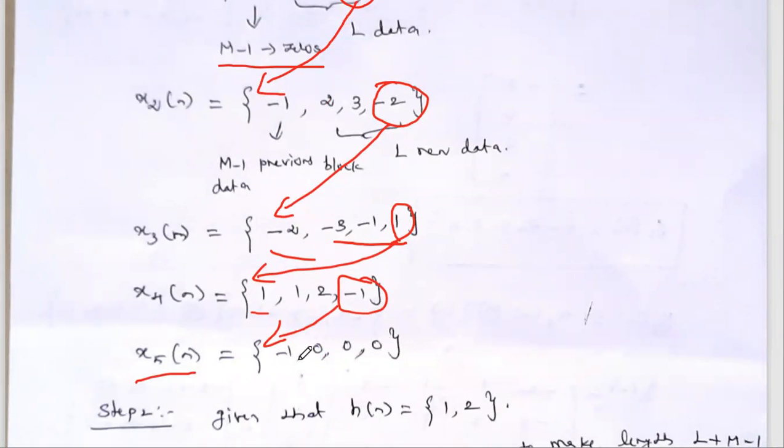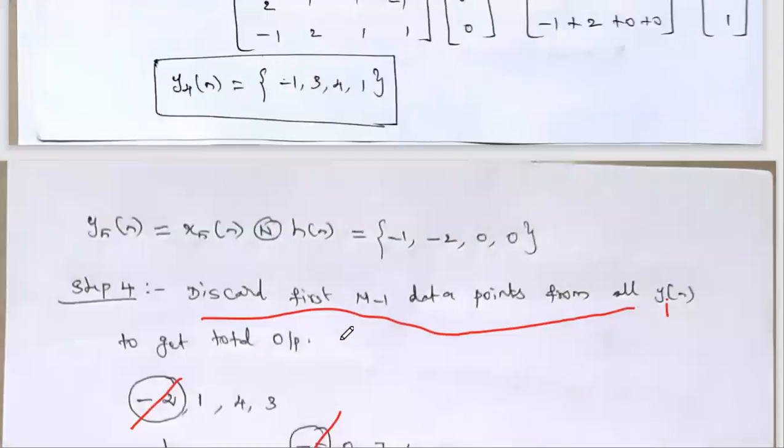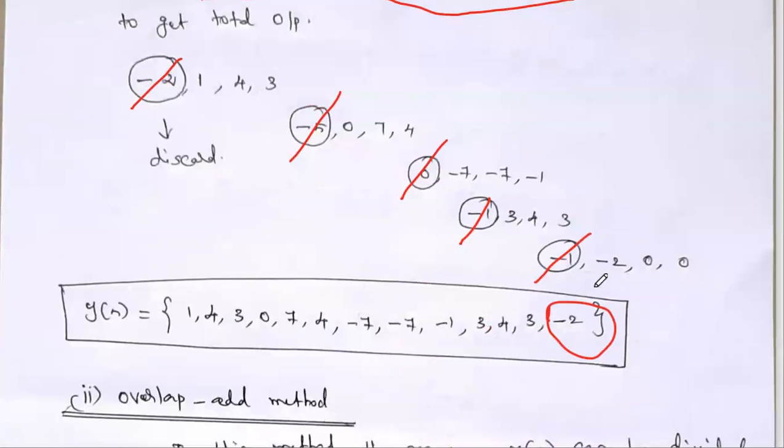If x5 is not constructed, you will miss the last data in the y of n sequence, this last minus 2, it will not come. So this is one more thing in the overlap save method. In some problems it will come, so at that time you construct the x5 additionally and find the answer. So this is the overlap save method and overlap add method.